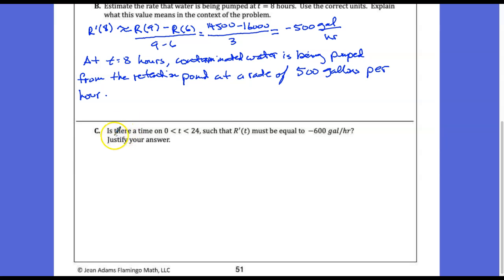And then finally in Part C it says, is there a time on the open interval from 0 to 24 such that R prime of t must be equal to negative 600 gallons per hour? Justify your answer.